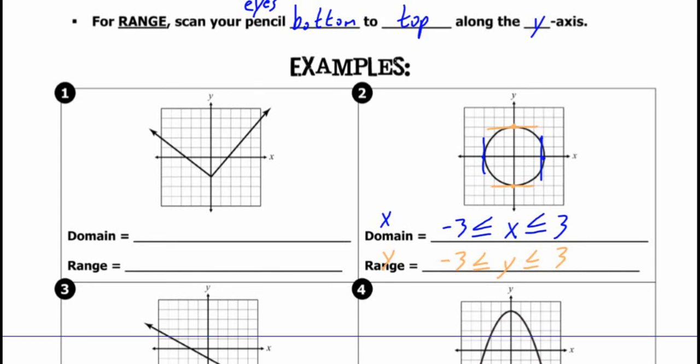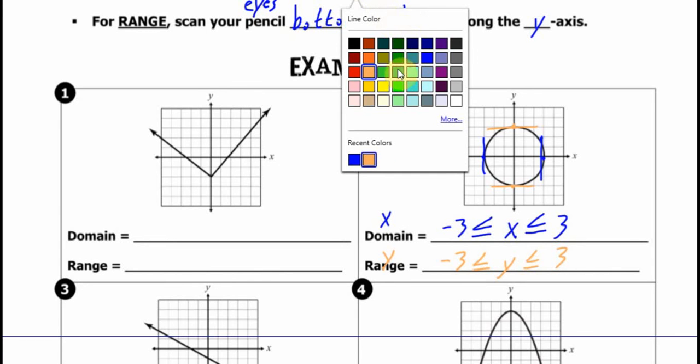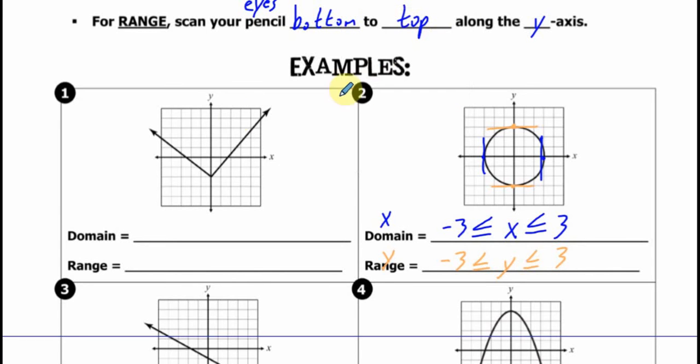So things get a little bit trickier when we start looking at ones where there's not an end to everything. What I mean by that is there's an arrow on the end of this line and the arrow on the end of this line. So if I trace this, because there's an arrow, in theory, this goes out forever. As I trace along my curve, in this case it's a line, it goes to the right forever. There's an arrow.